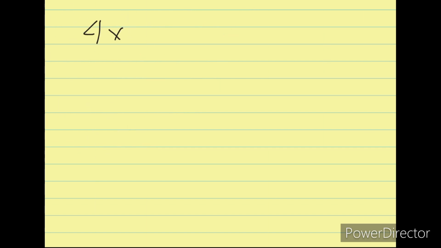Next, another example. Let's try another example. 4 times 6 plus 10 raised to 4, or I mean 10 to the 4th power times 4. Again, we apply the GEMDAS rule.